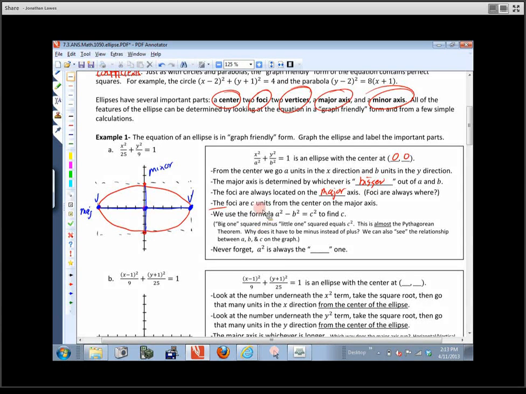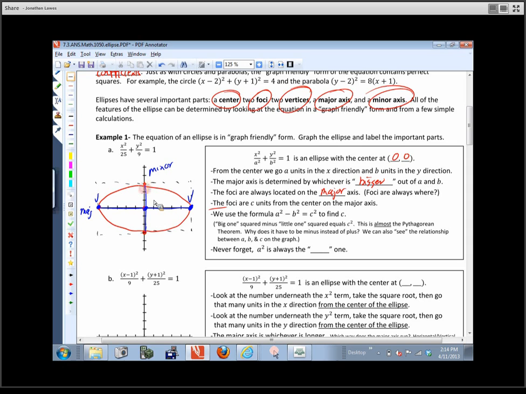The foci are C units from the center on the major axis. Now, how do we figure out what C is? Okay, we use this little formula right here. It looks a lot like the Pythagorean theorem. Here's why they're not added together.